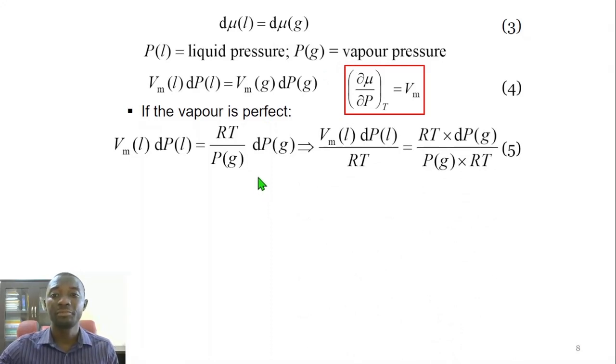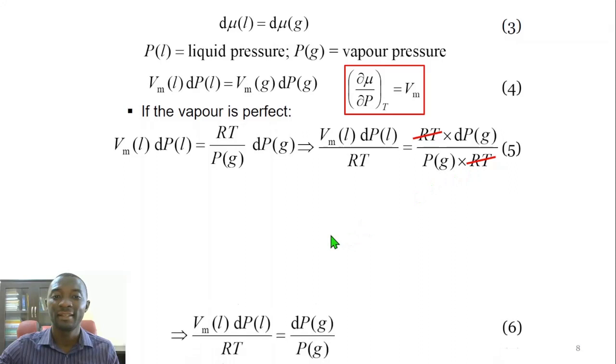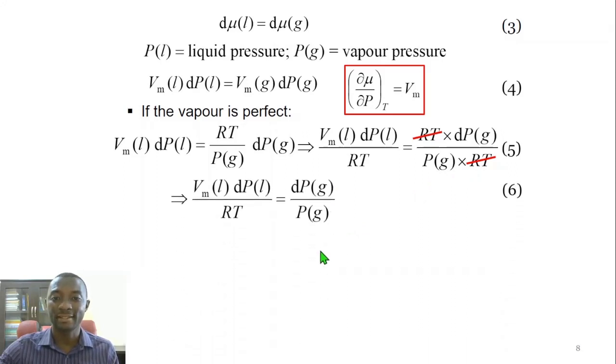This equation can be rearranged to this by dividing both sides by RT. When that happens, RT cancels RT on the right hand side, giving rise to equation 6.